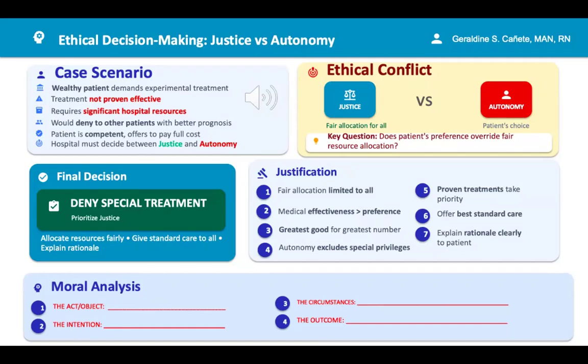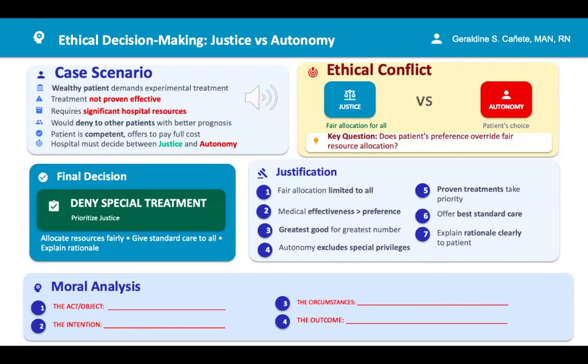But it's your turn now to challenge that perspective. Consider these questions. Are there any flaws in the reasoning, the justification for the action, which is to deny the wealthy patient's demand for experimental treatment? Are there any alternative ethical frameworks that would lead to a different conclusion?